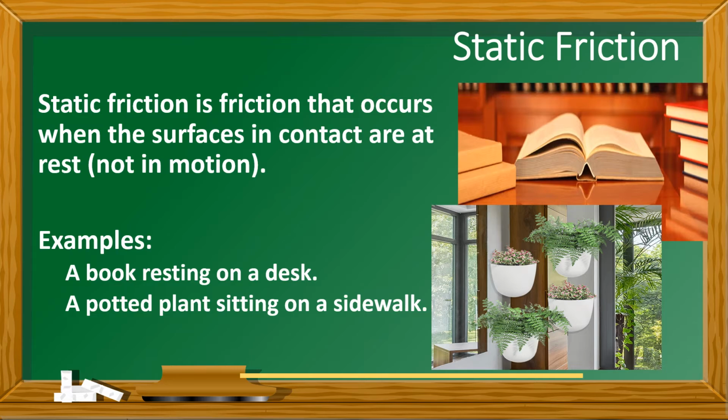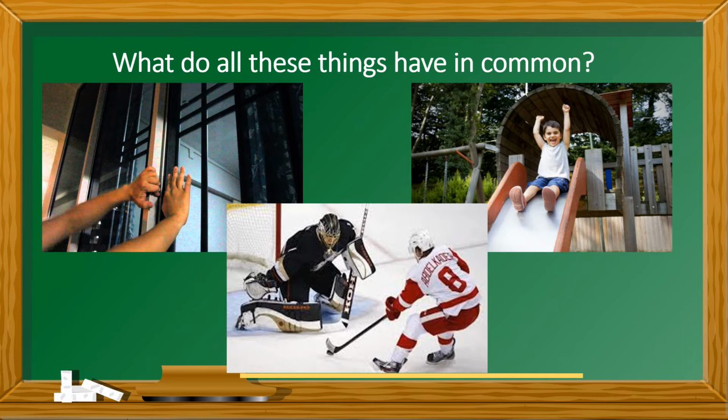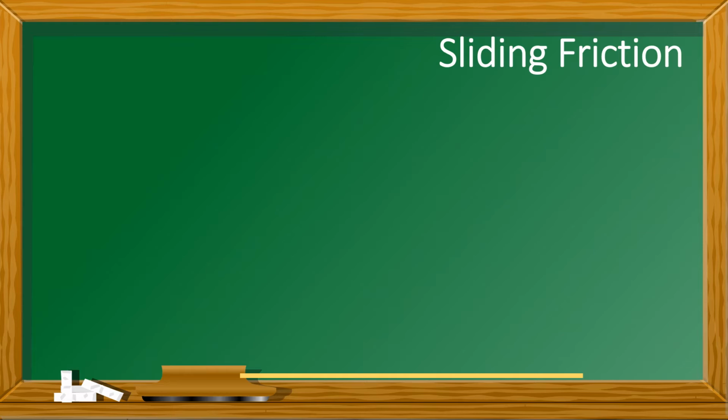The third one is, what do all these things have in common? A sliding window, a boy sliding, and two players playing hockey. So these things are common when it comes to sliding friction.